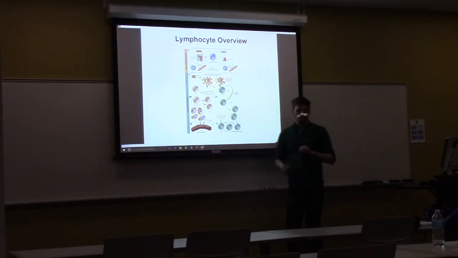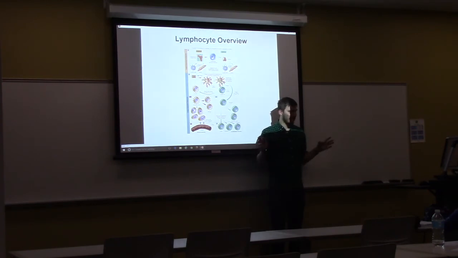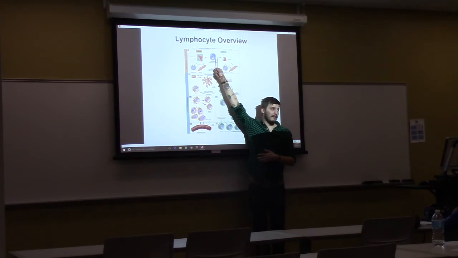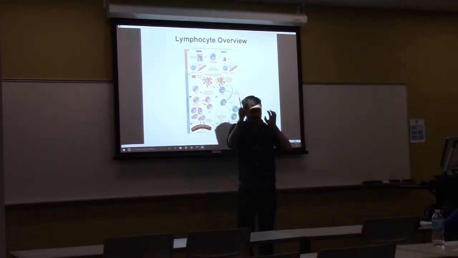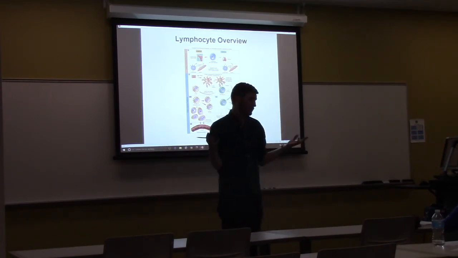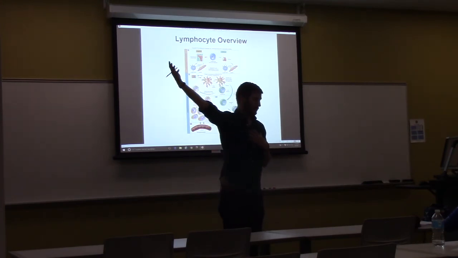So let's just talk about this one more time. You guys are all looking at me like I'm crazy. So, B and T cells are made in the bone marrow, okay? During this process, they randomly select genes to make an antigen they respond to. Some of these antigens will be your own, and some of them will be to outside things.